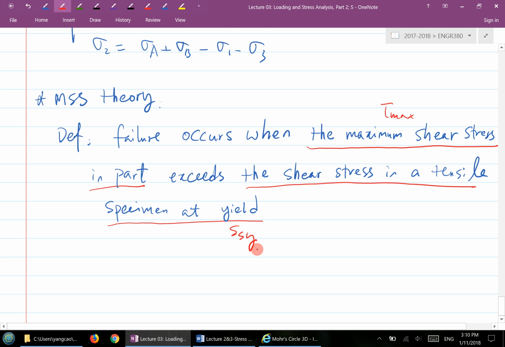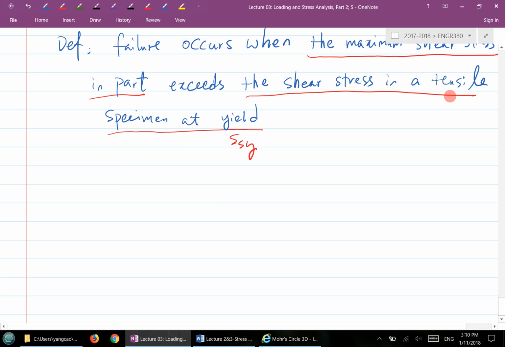For tau max, the maximum shear stress, I'm going to ignore any specific examples, but if I just consider 3D stress, how do you describe 3D stress using the Mohr's circle?